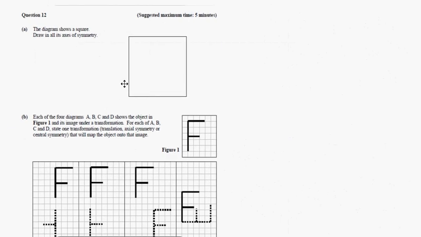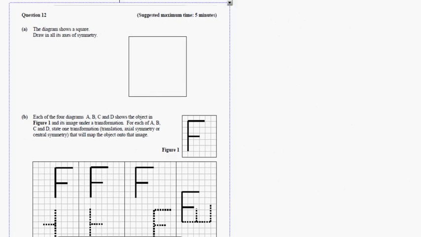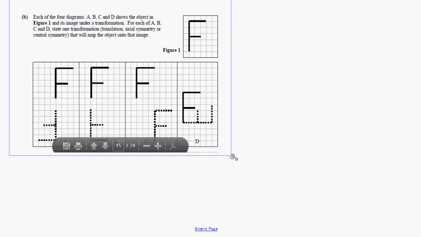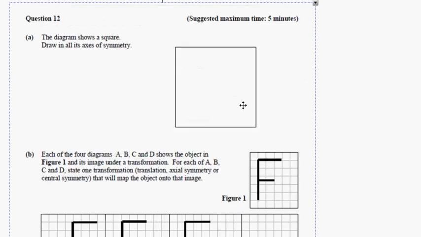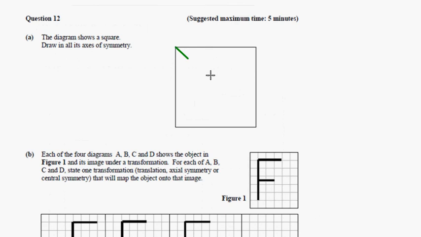The diagram shows a square, drawing all its axes of symmetry. Now, axis of symmetry basically means that you can fold it on top of itself. So a square, you could fold it this way, where you're folding it on top of each other like this. Then you could have another way, straight dead center, where you're just folding one over the other.